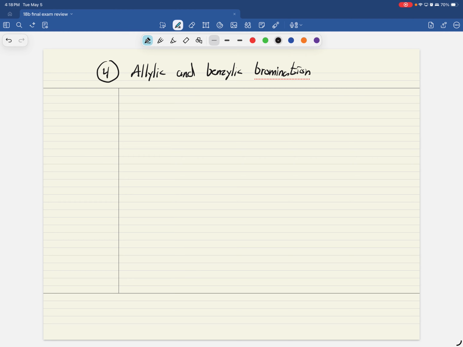This is one with NBS. If you have an allylic position, for example, this alkene here, well, let's put it right here. You can use something called NBS and heat. NBS is N-bromosuccinimide.